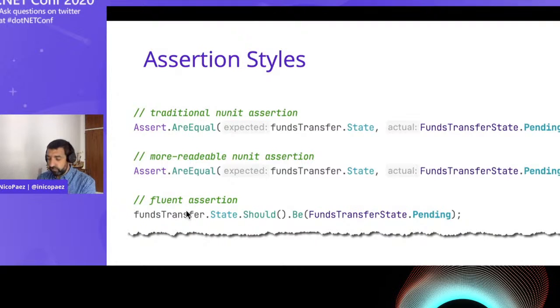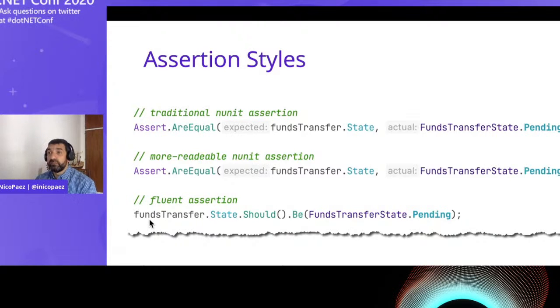This is part of the Fluent Assertions library, and look how it looks. Funds transfer state should be... these are extension methods provided by the Fluent Assertions framework, and this allows you to read in an easy way, we could say, right? In a more fluent way, right?